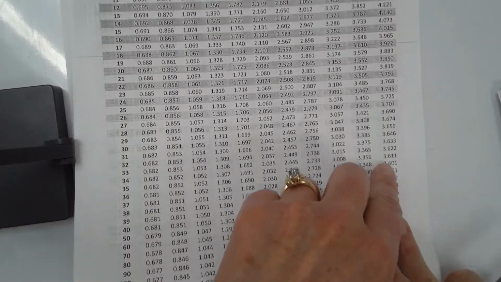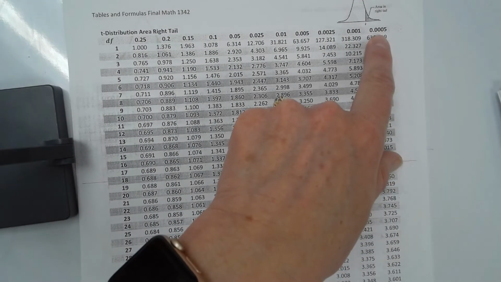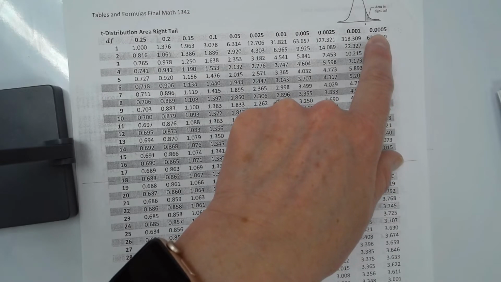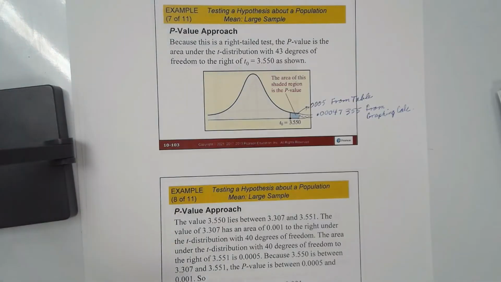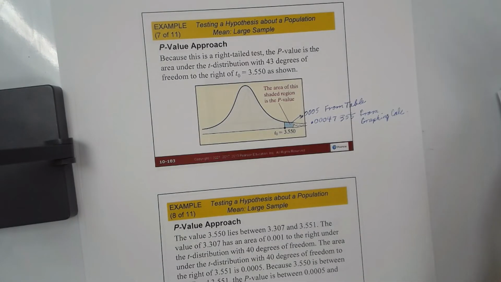Then if you go up to the top, that means that my p-value is 0.0005. So using the table, the closest we can get is 0.0005 because we had to use 40 instead of 43 degrees of freedom.